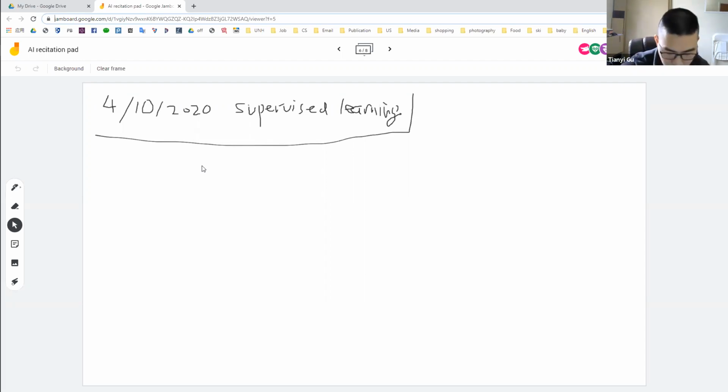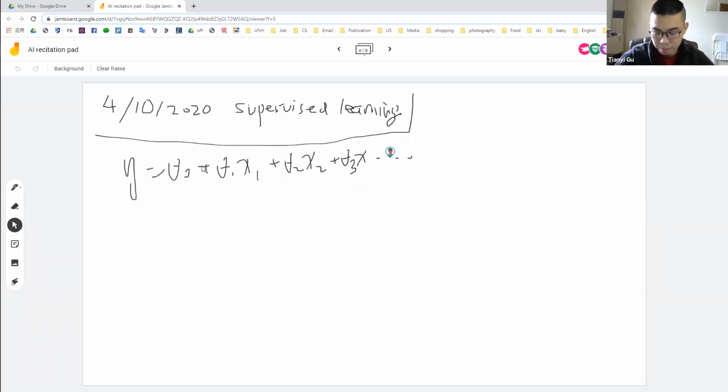If it's a linear model, then you have y equals theta 0 plus theta 1 x1 plus theta 2 x2 plus theta 3 x3, etc. This is one of the hypotheses you want to learn for handwritten digit 1.